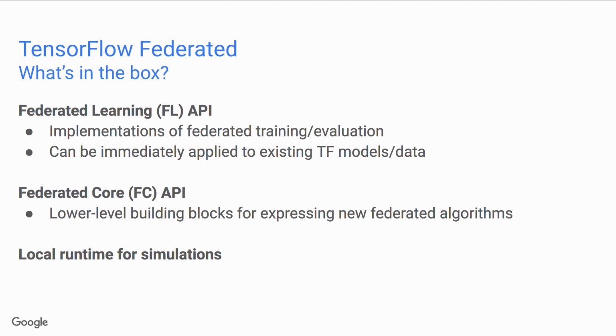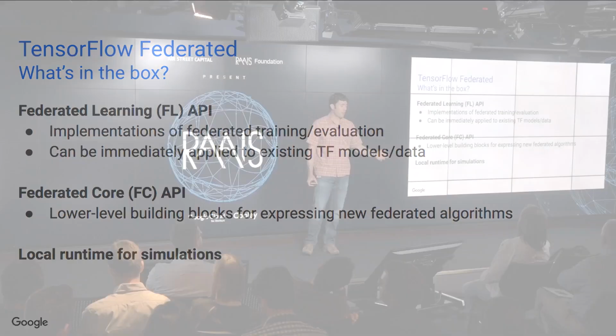So you can try those out in simulation immediately on your own data and your own models. You can do it in Colab in a few clicks and see how federated learning might apply to problems you have. That FL layer is built on top of a federated core API, which provides lower level building blocks for expressing pretty arbitrary federated algorithms, that is, arbitrary computations processing decentralized data.